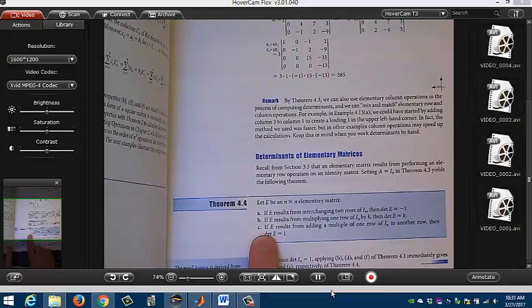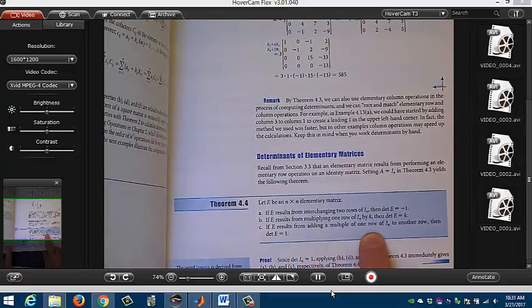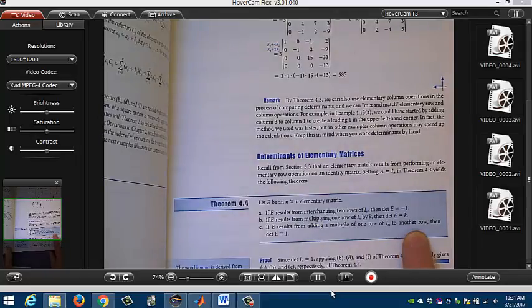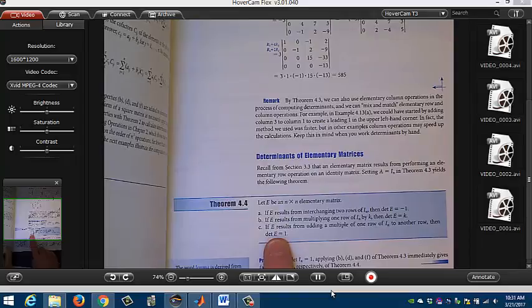Although it's interesting because this theorem tells you how it changes. So for example, it says here, if E results from adding one multiple of a row to another row, then the determinant of E is 1. So that's kind of cool. That's an operation we do a lot. Whenever we want to get a 0 somewhere, we do that row operation. And that won't change your determinant.